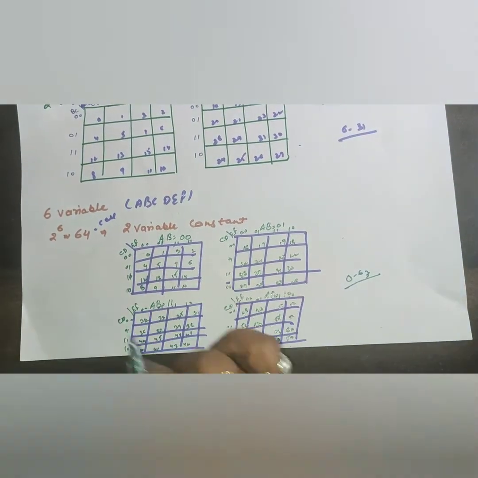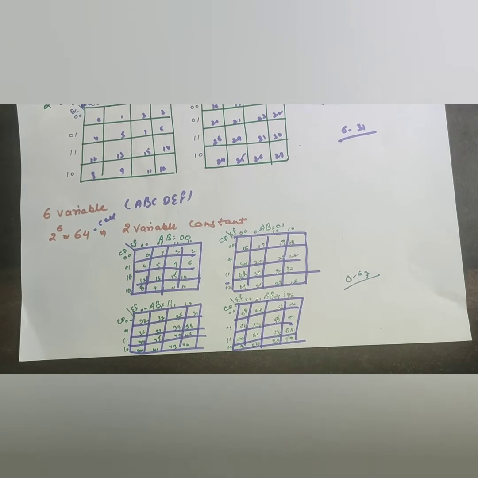So this is how we can make the K-map according to our variables.